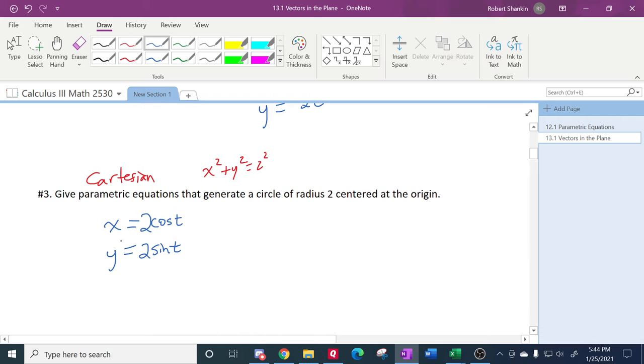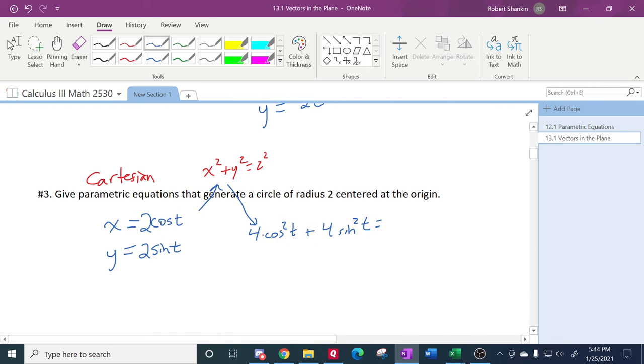And by the way, if you substitute these into here, what would we get? We'd get 4 cosine squared t if you substituted this into here. 4 cosine squared t plus 4 sine squared t.